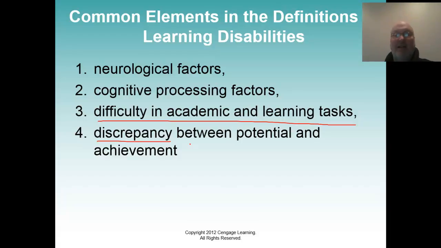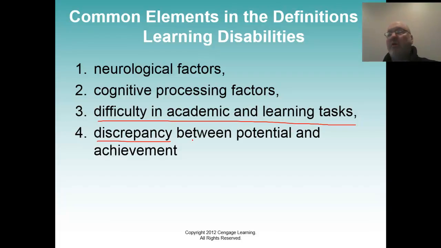And the discrepancy model is all about comparing achievement to ability. And ability is measured by one thing and one thing only, and that's the psychological test, the IQ test. And the achievement tests are all the tests that you learned about in assessment of formal and informal assessments.